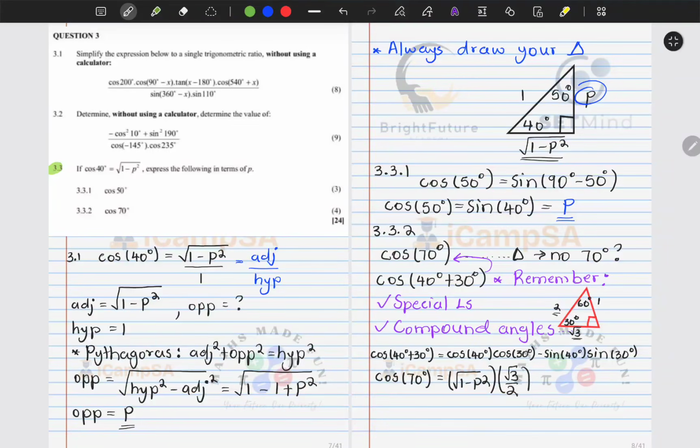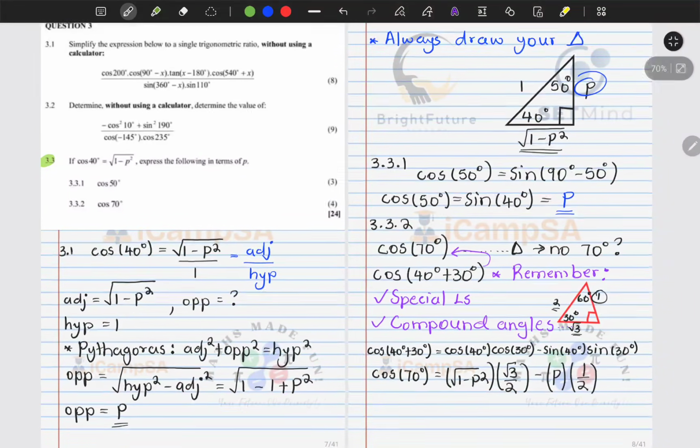So it's square root of 3 over 2. Then minus sine of 40 degrees, it would be that p divided by 1, so it just becomes p. And then sine of 30 degrees, if you look carefully, opposite over hypotenuse, so that becomes 1 over 2.